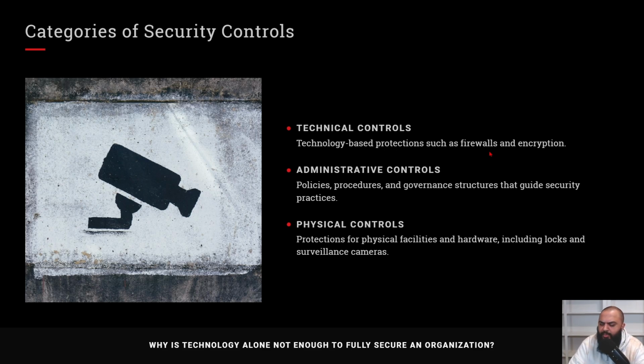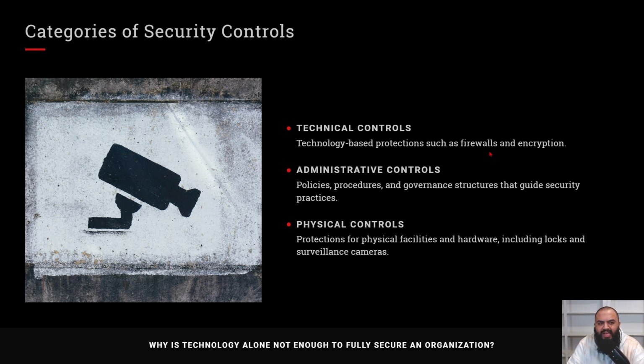The firewall stops people from outside of your organization trying to communicate with your systems, right? That's a technical control. Encryption, right? We have a whole section dedicated to encryption and cryptography, but that's another technical control.